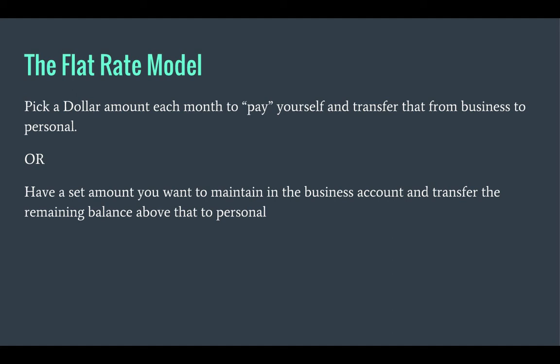So you can build your account up to that much. And then as soon as you go beyond that amount, at the end of each month or twice a month, you can transfer the difference back into your personal account. So you want to maintain $6,000, but at the end of the month you have $10,000 in the account. Well, then $4,000 goes to your personal and the other $6,000 stays in the business account to cover your expenses.